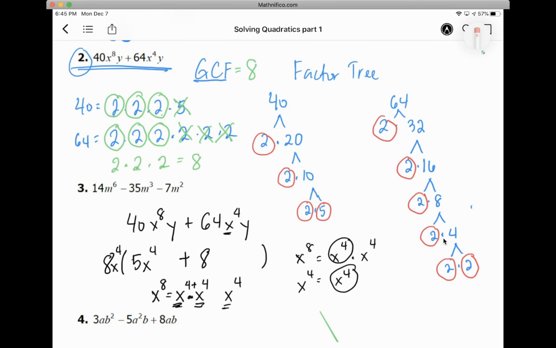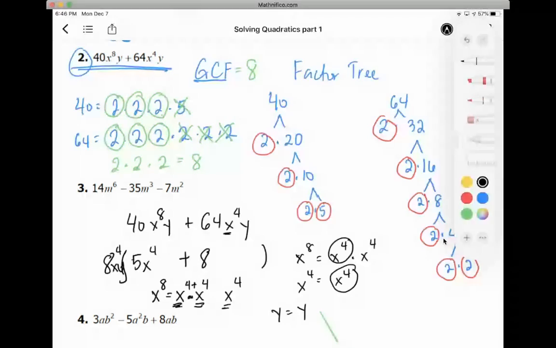Now, what about the y? Of course, you have y, the first one that's here. So y is equal to y, or a factor of y. And the other one is also y. So both have factors of y. So I can say I'll take out y.